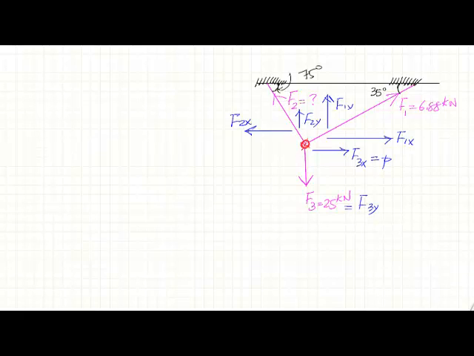Now we can calculate the value of f1x because we know the angle. So this is 35 degrees, and this is 75 degrees, and this is the cosine.